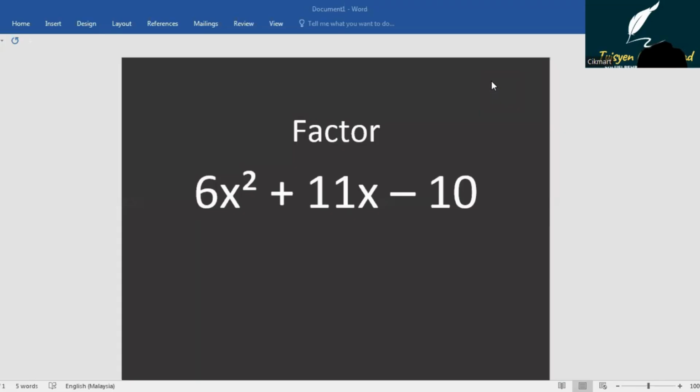Today I'm going to do quite a similar question, before that is writing a quadratic equation, a trinomial. But this time it is a little bit more difficult than before because we have a minus here, a negative constant.